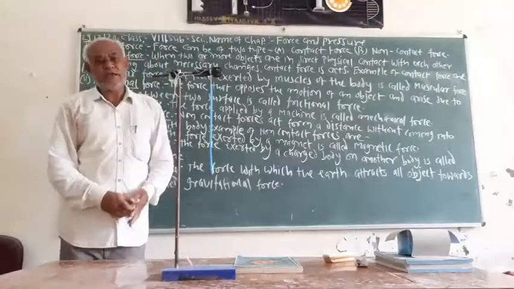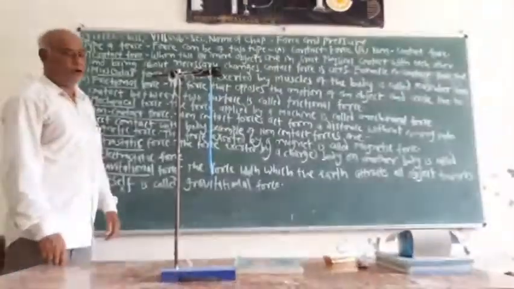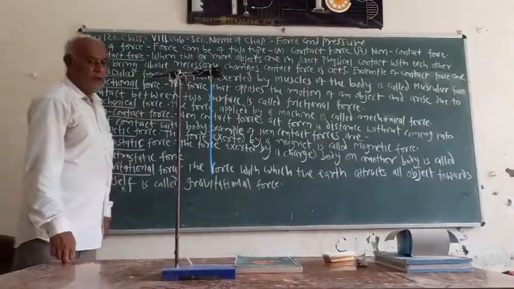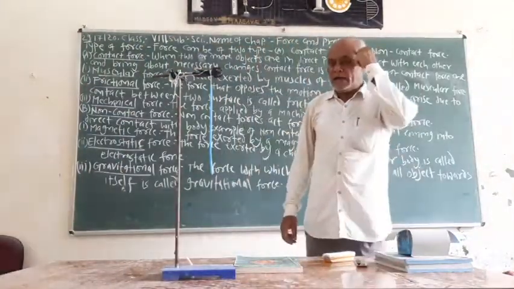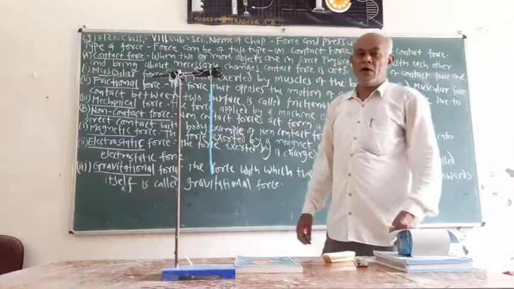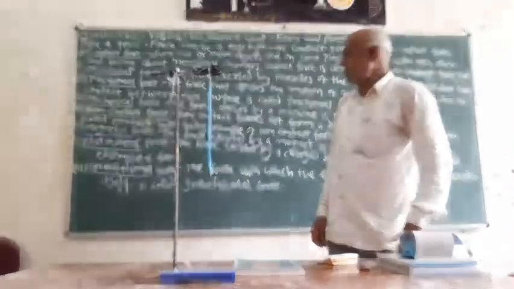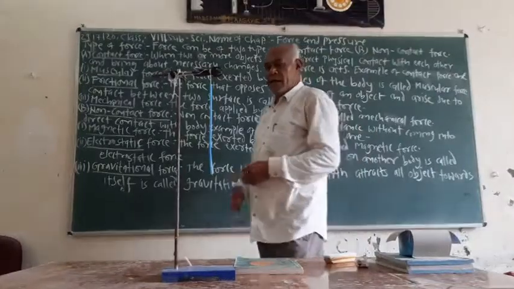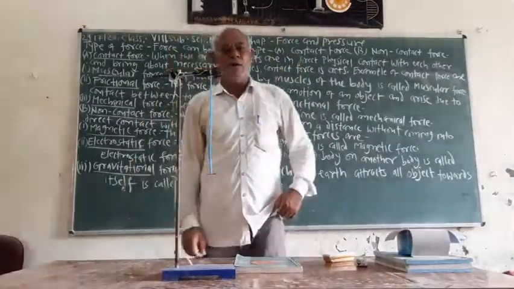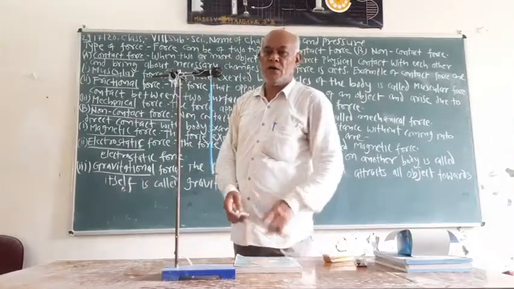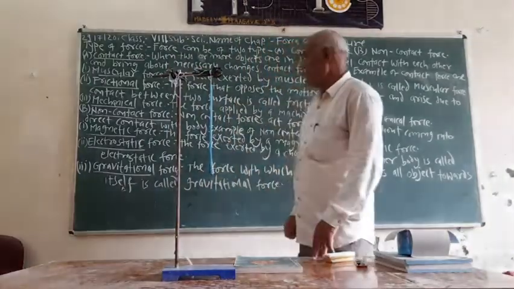The third example of contact force is mechanical force. Mechanical force acts on the spare parts of machinery. One spare part of a machine is in motion in contact with another part of the machine.